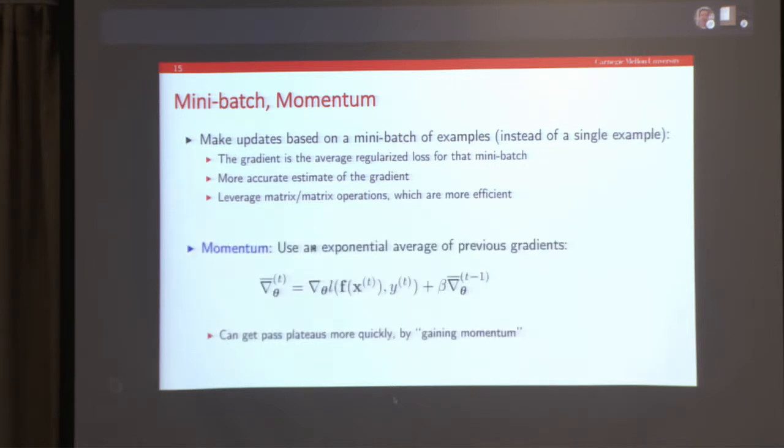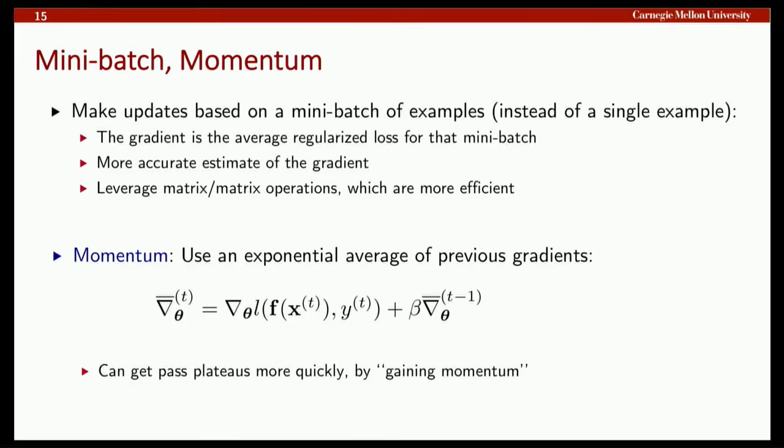The other very important piece is the use of momentum when we do optimization of these models. The idea behind momentum is we're going to be using an exponential average of the previous gradients. So let's look at this equation here. We compute the gradients of our loss function with respect to the parameters of the neural network, and then we add beta, which is another hyperparameter, times the weighted exponential average of the previous gradients.